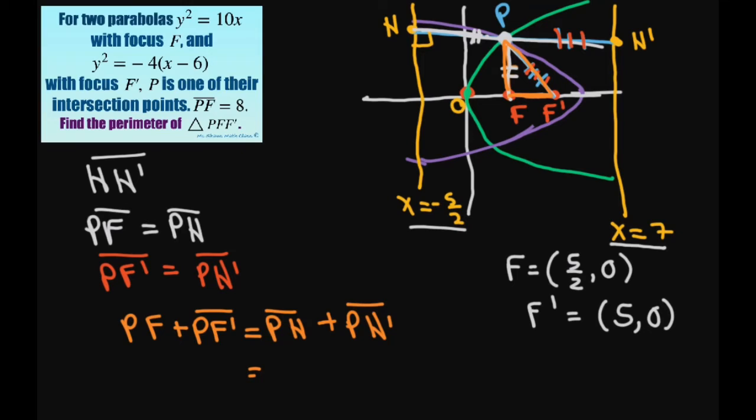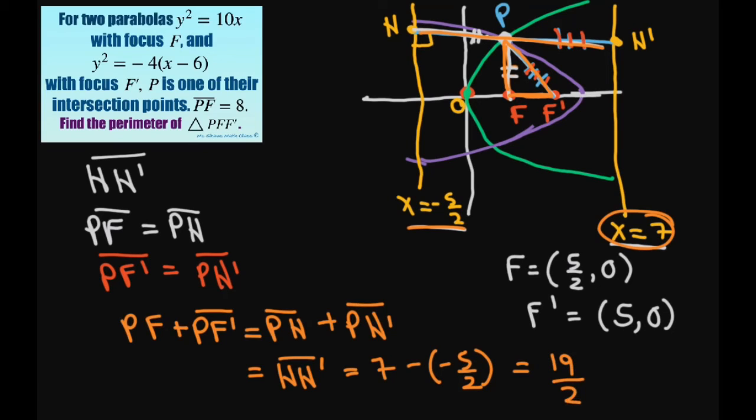And this is just going to equal H times H prime, right? This line segment here. And this is going to equal 7 minus a negative 5 halves. I'm trying to find this whole length, so I'm just looking at the directrix, and that's going to equal 19 divided by 2.